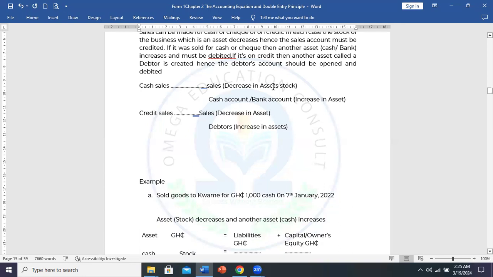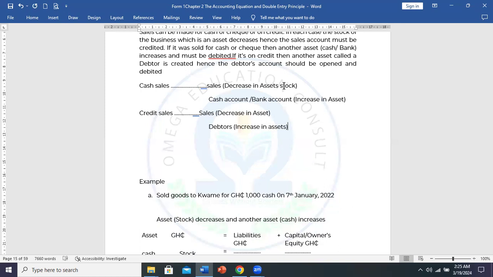For example, if I'm a bookshop business and I have 200 books and I sell 150 of the books out, you see the stock will reduce from 200 to 50. So anytime you sell goods, there's a decrease in the asset stock. Stock here is referring to the goods.